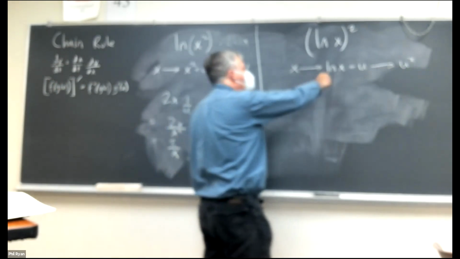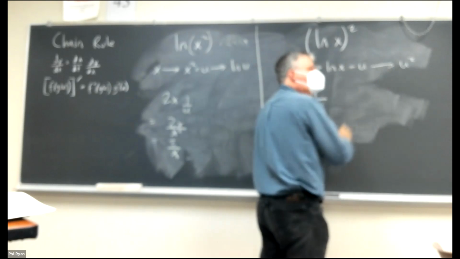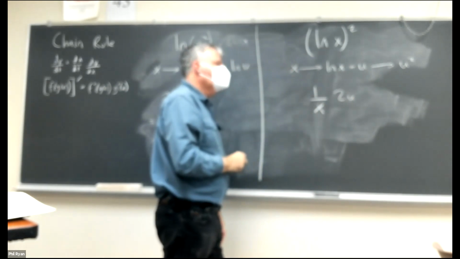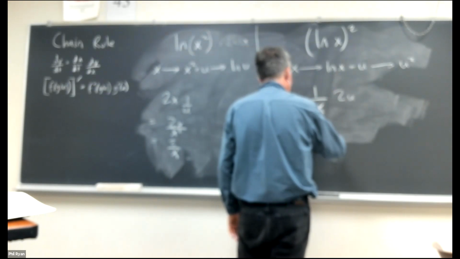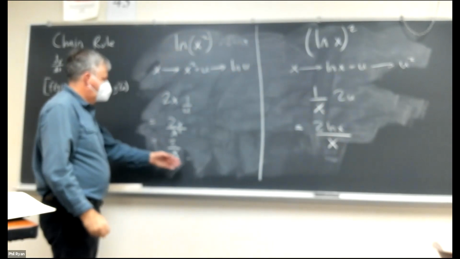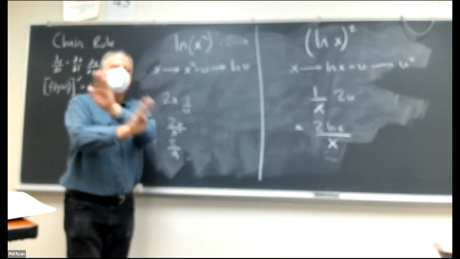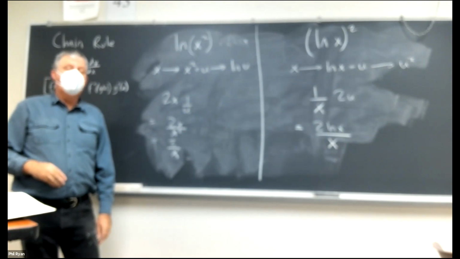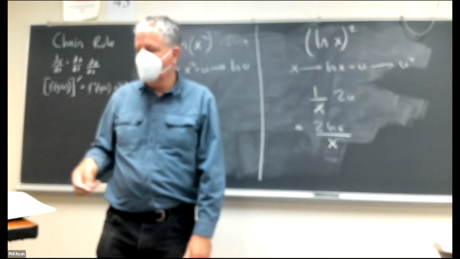This one here, derivative of ln of x is 1 over x. Derivative of u squared, 2u. So u is ln of x, so it would be 2 ln of x divided by x. They're different, which is good because they're different functions, right? It all depended upon which order we did the chain. So that's the main thing you got to worry about. You got to figure out which comes first and do that first.